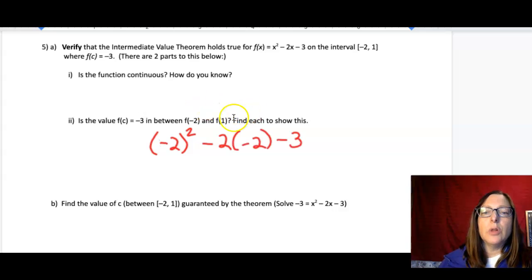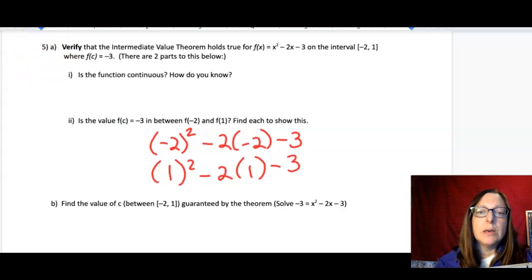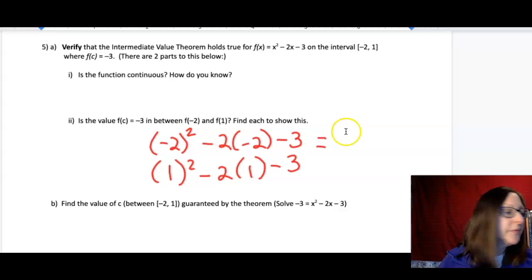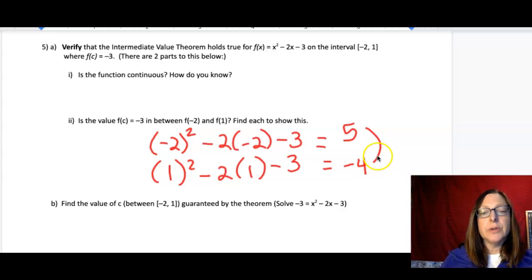And then we'll also plug in a 1 and do that same calculation to find out if -3 is between. So this top one has a value of 5 and the bottom has a value of -4. So yes, -3 is between those two values.